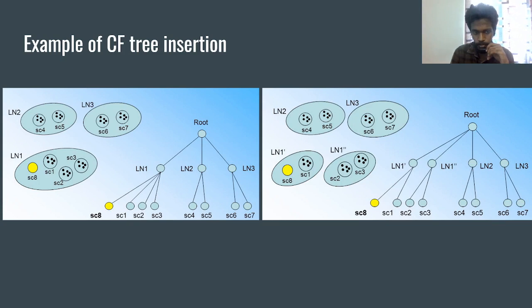If there are more than 2, it won't stay like that, as we can see here. So LN1 contains now 4 subclusters, which is not possible. So the size of LN1 is too large to fit. In this case, we split the LN into 2 subclusters, LN1' and LN1'', as we can see in the second figure. Now LN1' contains SC8 and SC1, and LN1'' contains SC2 and SC3.